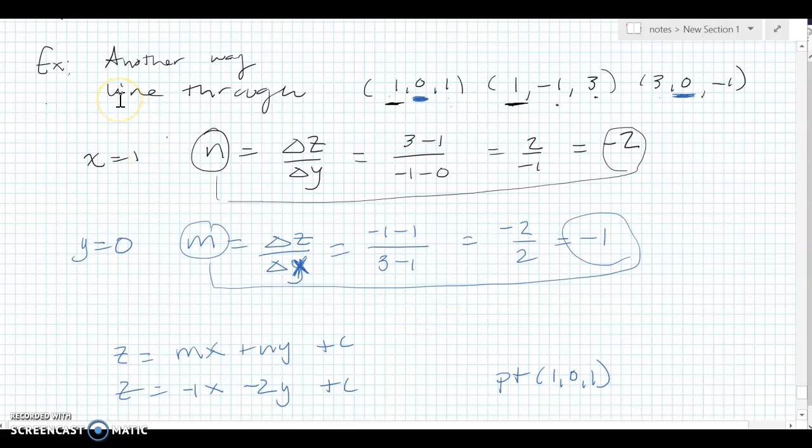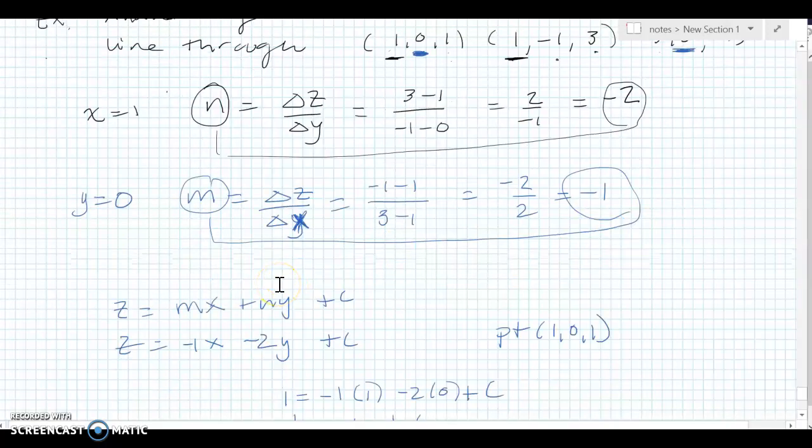So remember, there was an example. We were looking for the equation of a plane through 3 points. Notice if we hold x constant, we can find n as the change in z over the change in y. If we hold y constant, then we can find m, which is the change in z divided by the change in x.